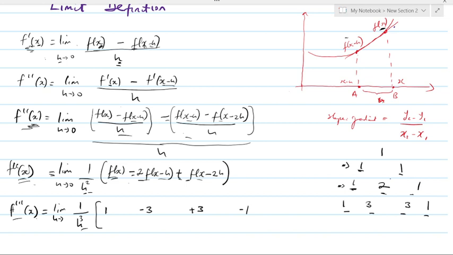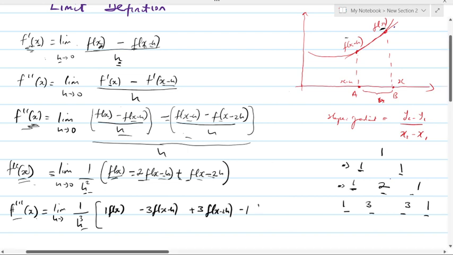For the third derivative we have f of x, then for the second function we subtract h, then for the third we subtract 2h, that is x minus 2h. That means the third derivative will be f of x, followed by minus h, followed by minus 2h, followed by minus 3h. Good.